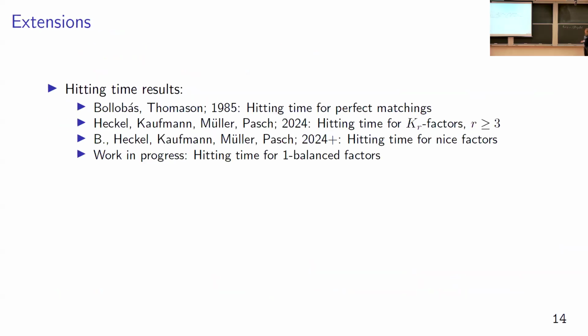Okay, so then let me finish by saying a little bit about some possible extensions. You can be more precise than sharp thresholds by using hitting time results. So now imagine, rather than fixing a probability p, you throw in edges one at a time.